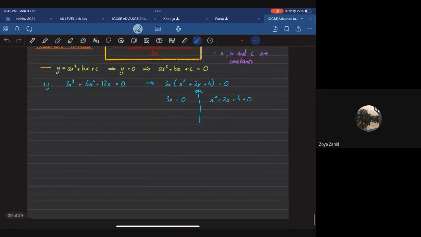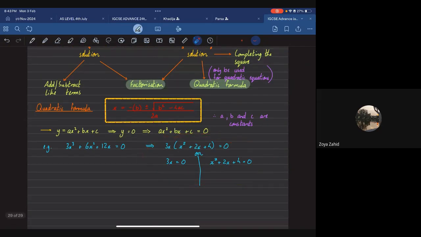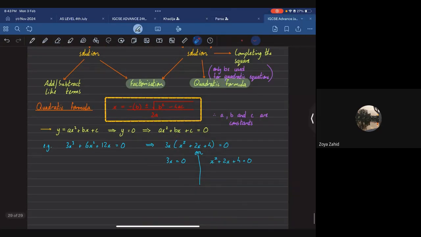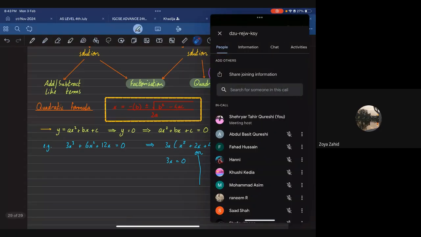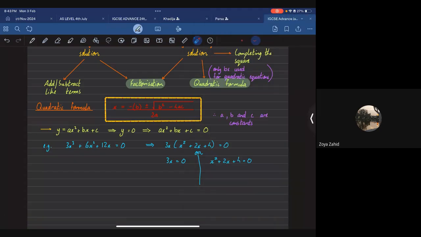If you solve a cubic equation, it's going to have 3 x values. So it's going to have 1 x value over here, and since this is a quadratic equation you're solving, 2 x values over here. In total, 3. Clear, guys? Is there anyone who still does not get this? All right, hopefully this is clear.